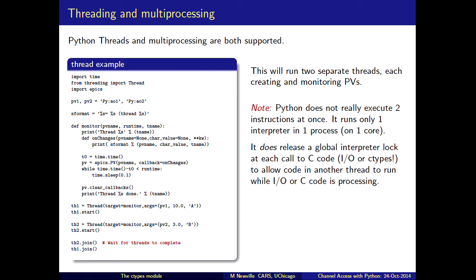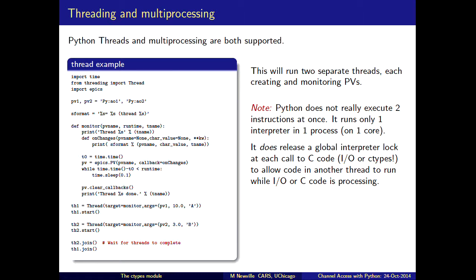But at each call to C code or I/O, so any call into ctypes, any call into channel access, or any call into I/O code for print, it will allow that baton to be up for grabs, so some other thread can grab it.